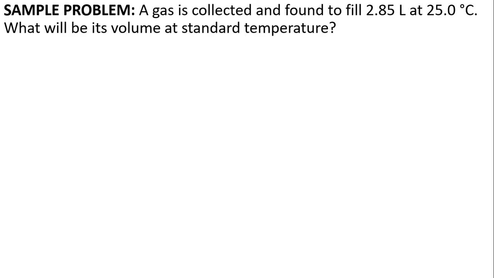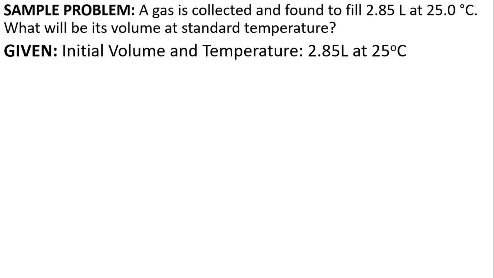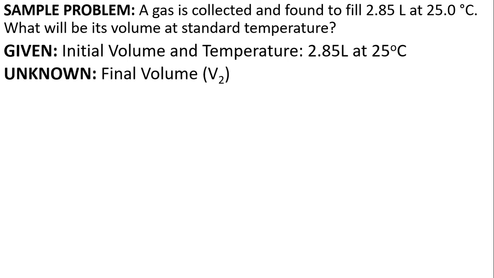Let's start with an easy one. A gas is collected and found to fill 2.85 liters at 25 degrees Celsius. What will be its volume at STP? The given is initial volume and temperature, 2.85 liters at 25 degrees Celsius, and we're looking for the final volume, V2.